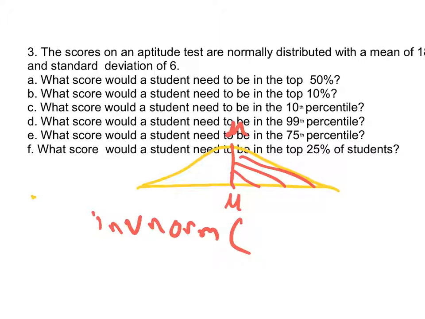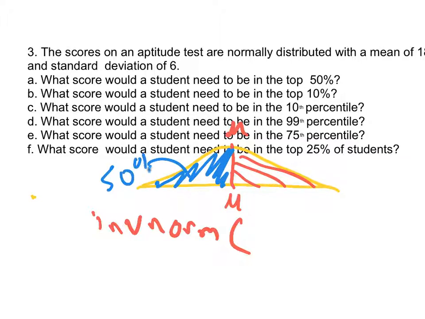In this case, you just tell it what area you want. Well, in this case, I want 50% of the area, because that's the area to the left, which is also 50%.